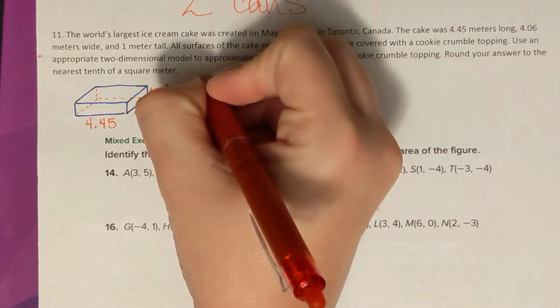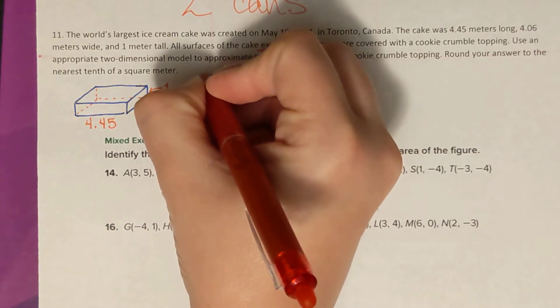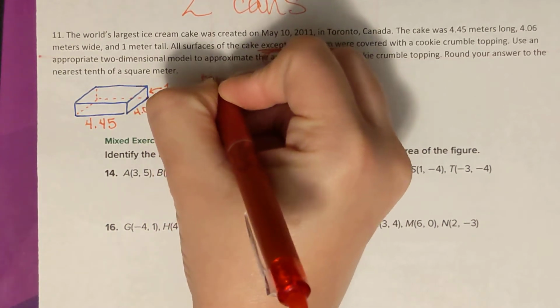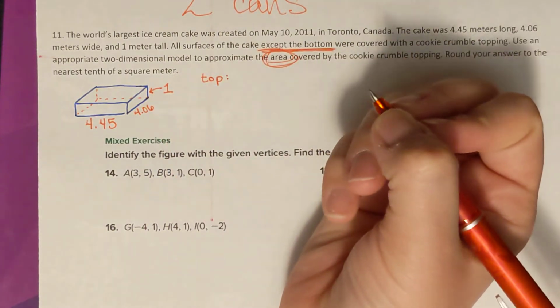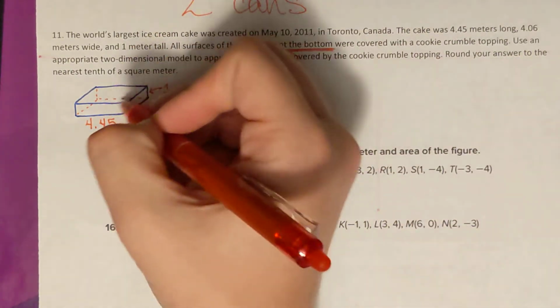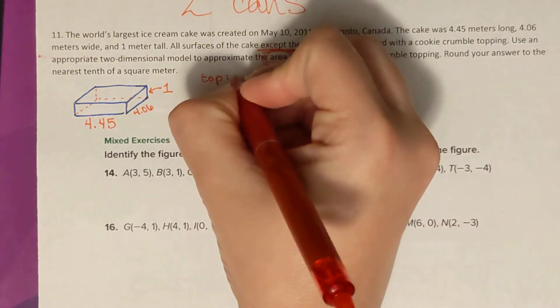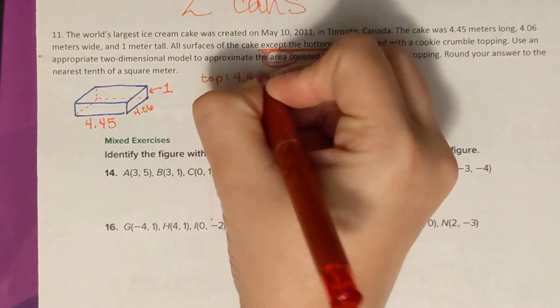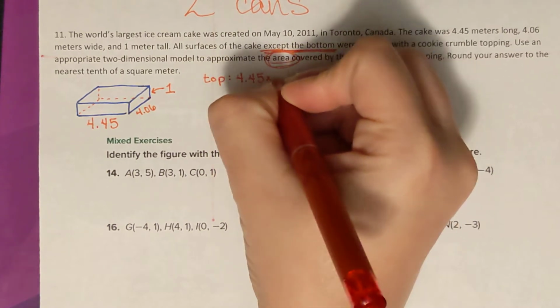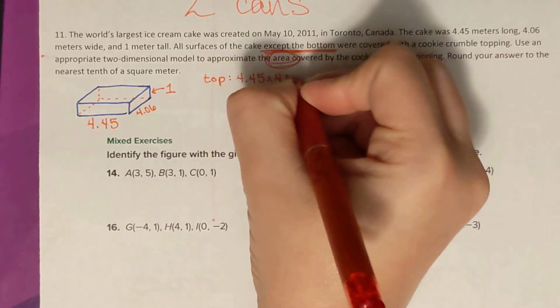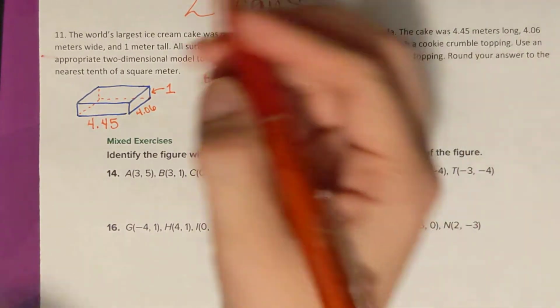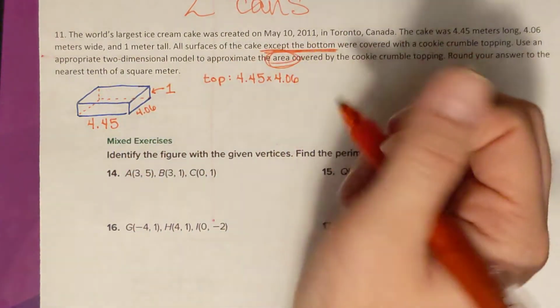So let's start with the top of our cake. So the top, to find the area, all of these are rectangles. We're just going to do rectangles. So the top is 4.45 times 4.06. And there's only one top of cake.